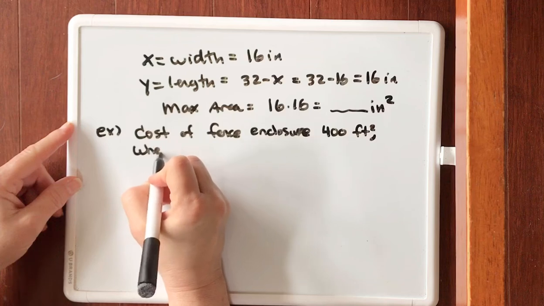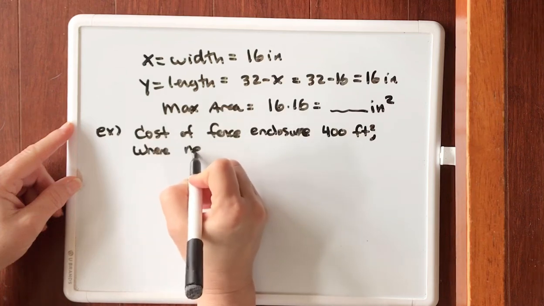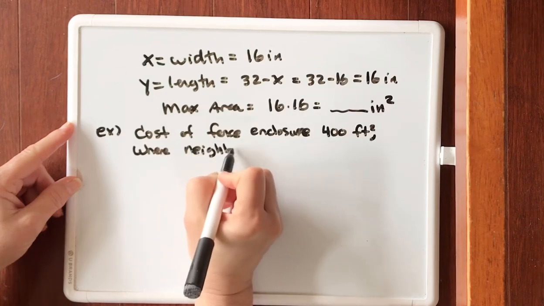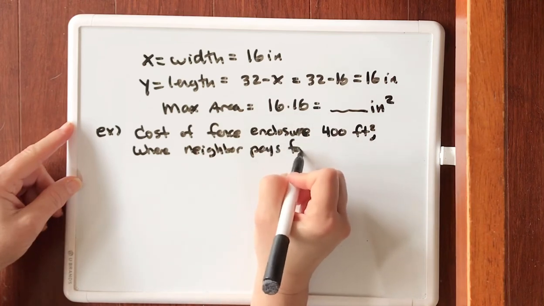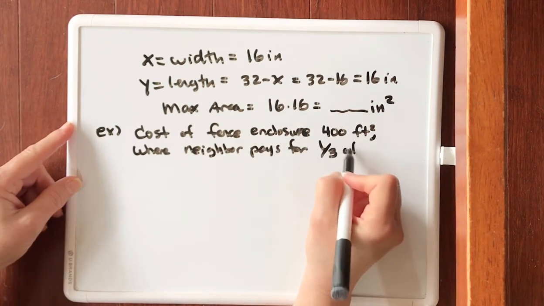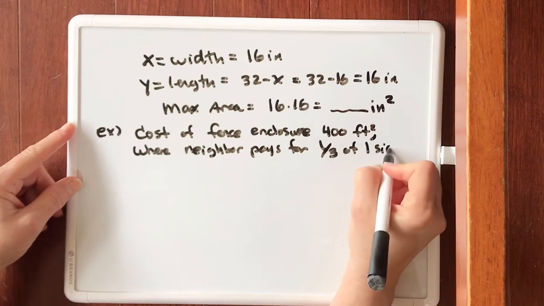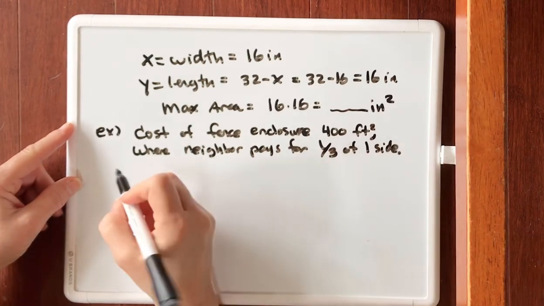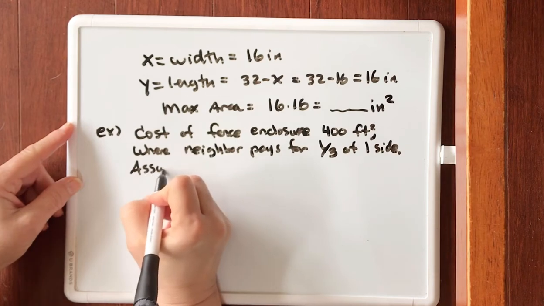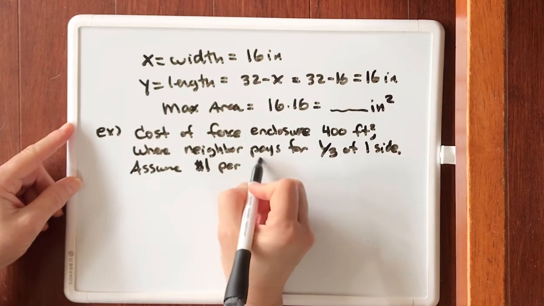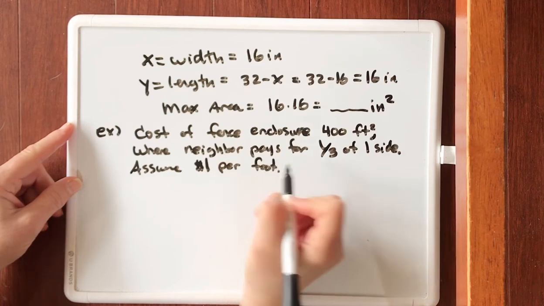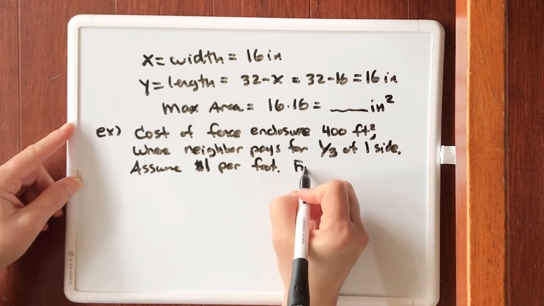Now this one's a different one, where a neighbor pays for 1/3 of one side. Okay, assume $1 per foot. Find the length and width.